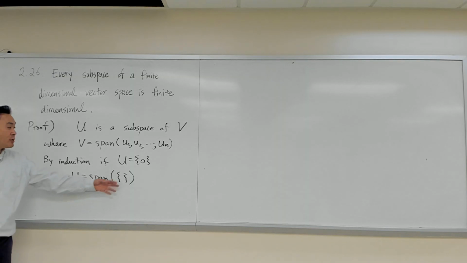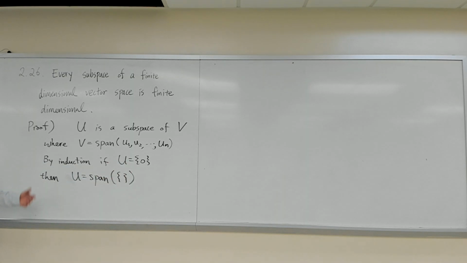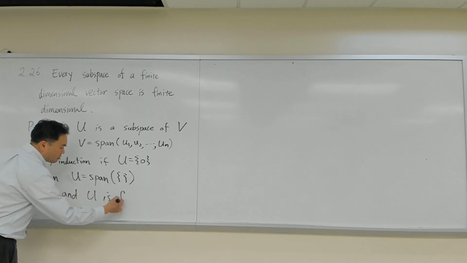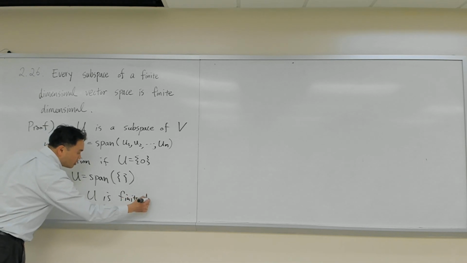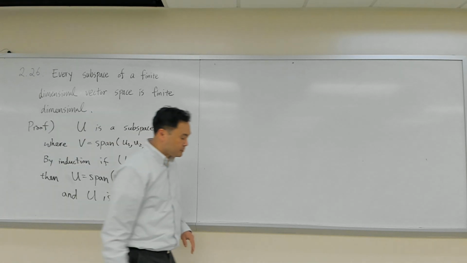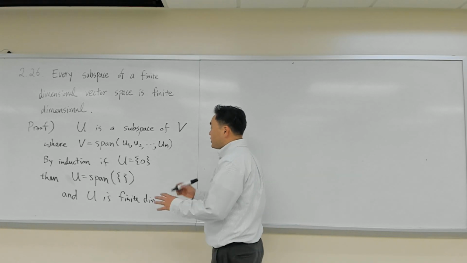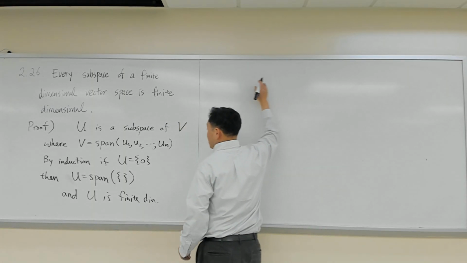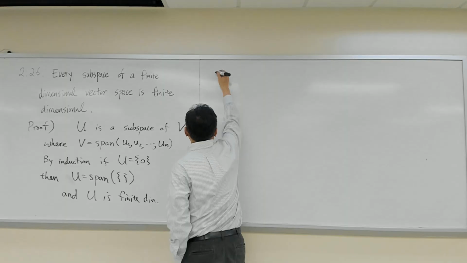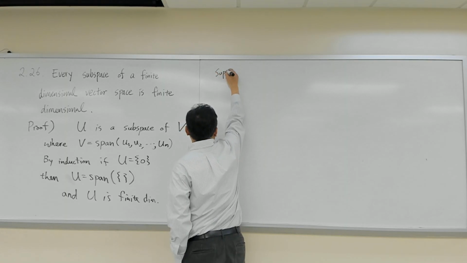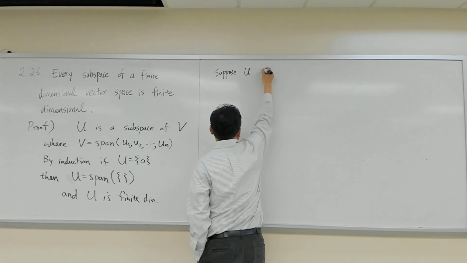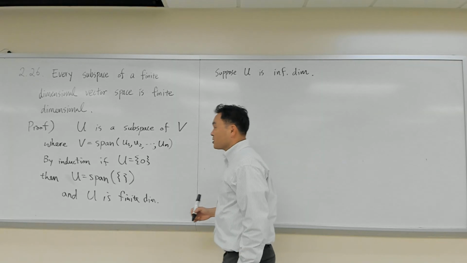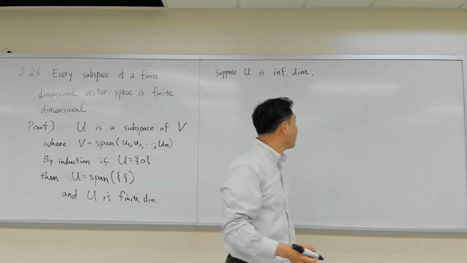So the span of the empty list is the trivial space, and so it is finite dimensional. And now if it's not just 0, then we can keep doing the following procedure. Suppose U is infinite dimensional. Okay, suppose not. We're trying to come up with a contradiction.